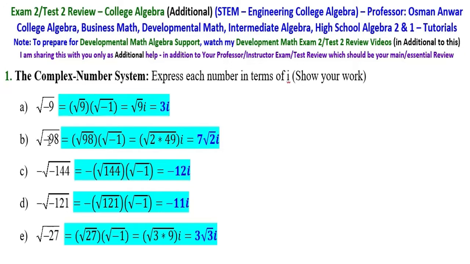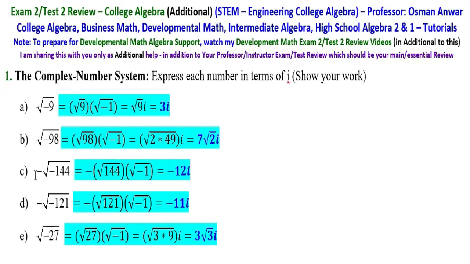B. Square root of minus 98 equals square root of 98 times square root of minus 1. Square root of 98 is square root of 2 times 49. Square root of 49 is 7, so this is 7 square root of 2 i.